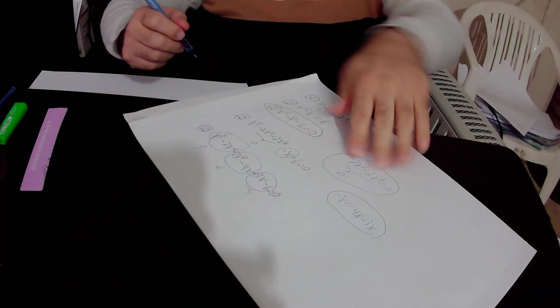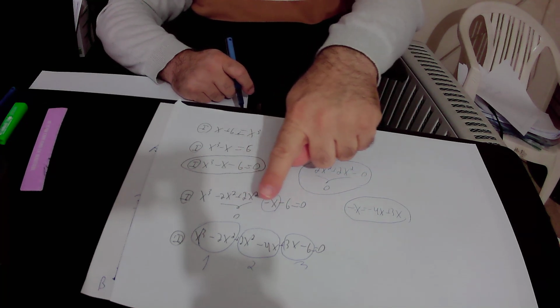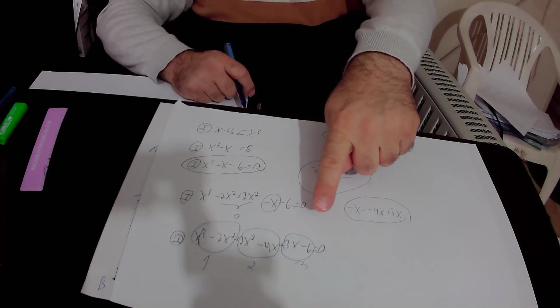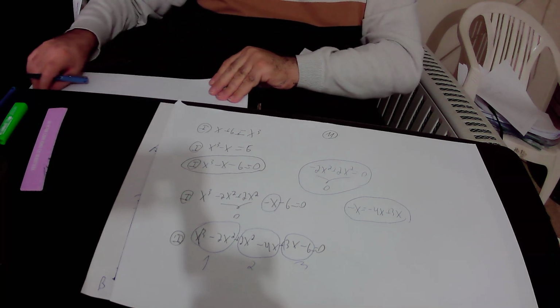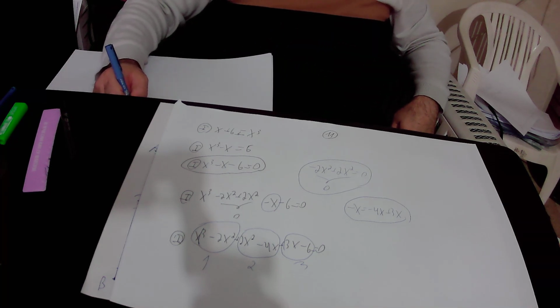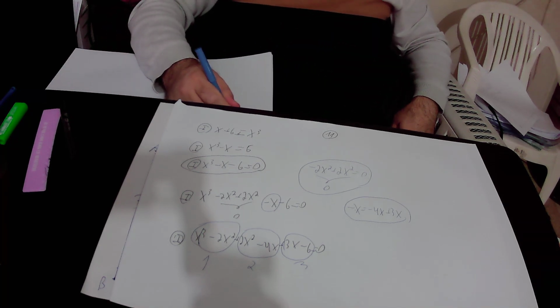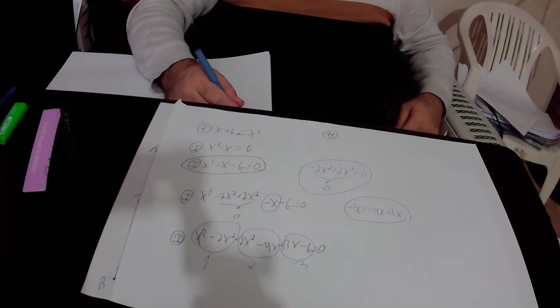So, as you can see here, we divided this equation into 3 parts, and we will take a common factor from each part. Okay, so the first part is actually x cubed minus 2x squared.